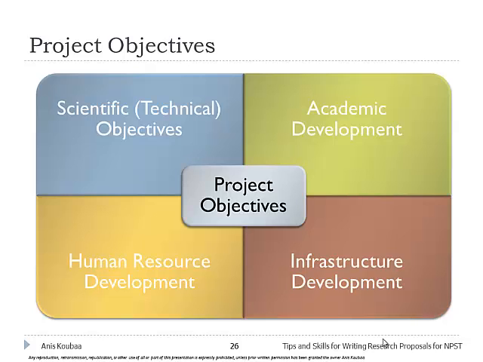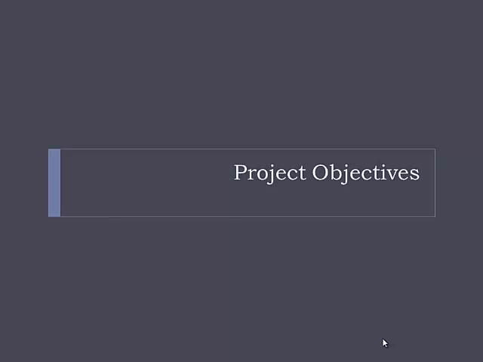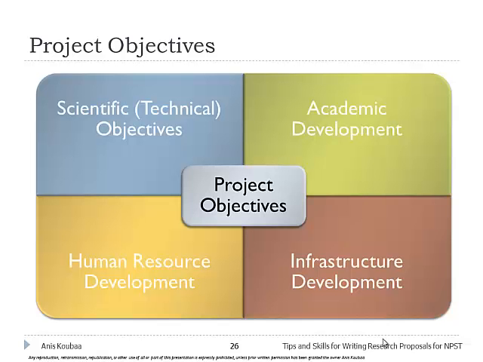Okay, so for the project objectives, usually when it's written project objective, people focus more on technical objectives. In my opinion, objectives go beyond being technical because a research project can have objectives in different perspectives. It can have scientific or technical objectives, that is the most important part, but also other objectives related to academic development, human resource development, and infrastructure development.